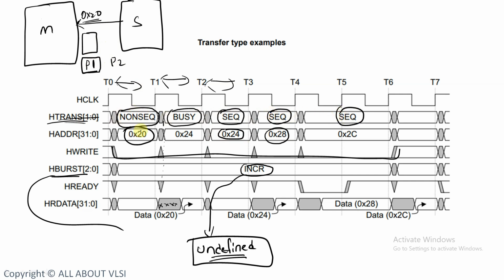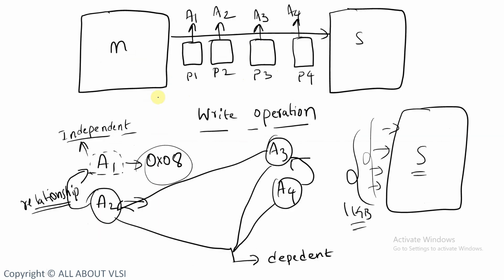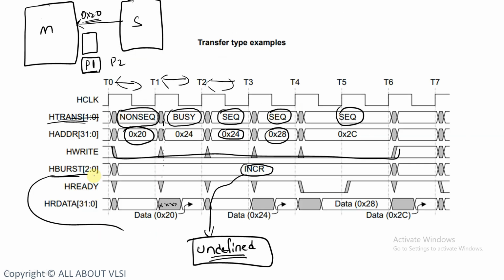So only for the first address we provide non-sequential, and from the next onwards we provide sequential, because it is part of this particular transaction, and from the second address onwards there will be some relationship with the previous addresses. This is how we decide whether the transfer type is sequential or non-sequential.